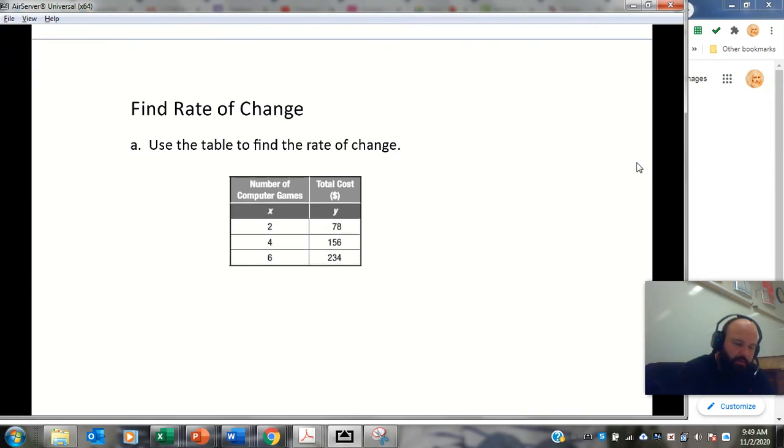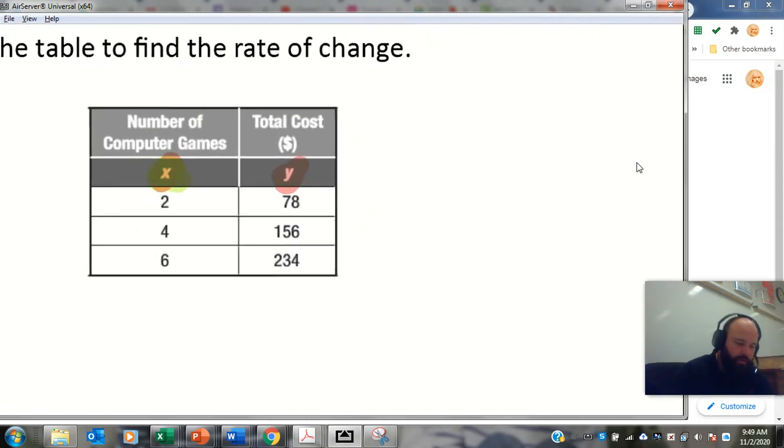So if we look at this table that we have for this first example, you can see that this is my x's right there. Let me get a different color. It's easier to see. This is my x's and those are my y's. So we always want to figure out what the change in the y is first. Now, the way we find the change in y is very simple. We subtract. So if I look at these numbers, and I'm going to zoom in here a little bit, how far apart are those two numbers?